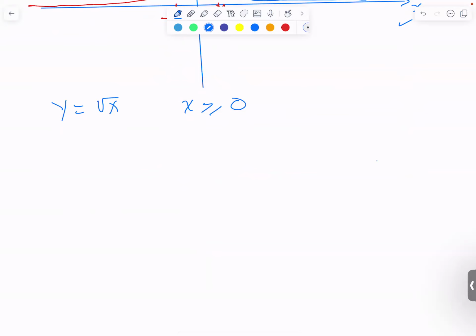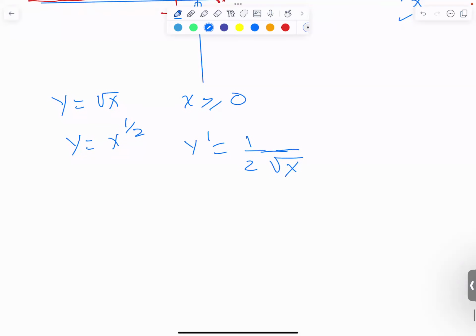Now we can rewrite it as x to the 1/2. The first derivative gives me 1/2 x to the 1/2 minus 1. For x greater than 0, this is always positive, so the function is always increasing.